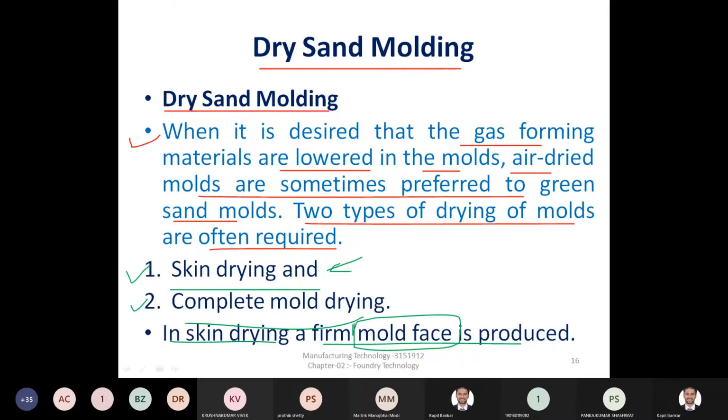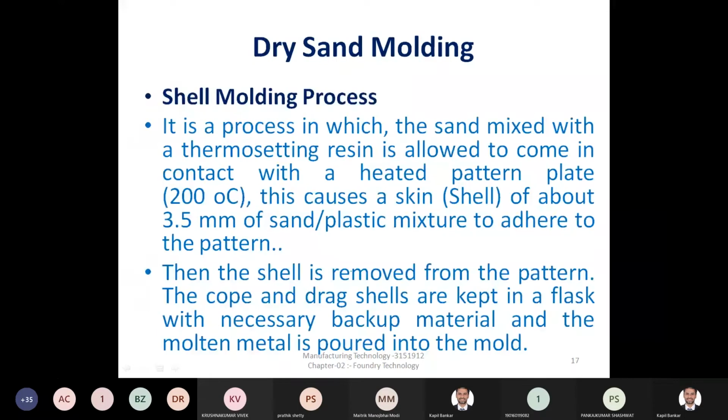Okay, so today I have taken this first process to understand dry sand molding. That particular casting process is known as the shell molding process. So in the shell molding process, what happens?